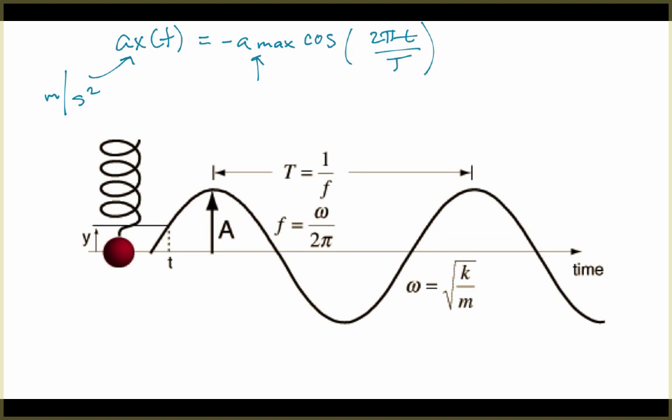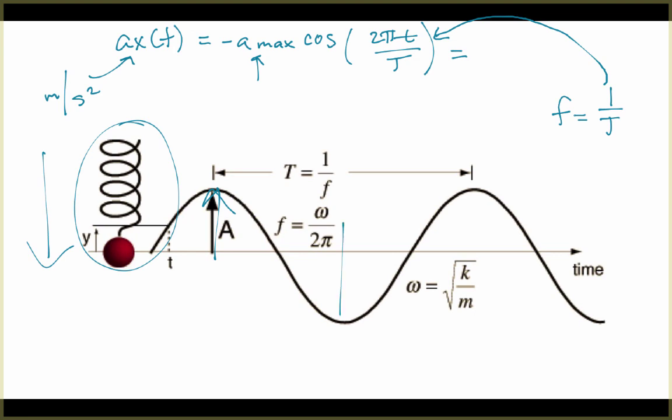And of course, as we always know, f can equal 1 over t, so you can put f in for 1 over t. All of these are just examples of how you can find different information based on these parameters, because this little guy here is just moving up and down in periodic motions that follow these sinusoidal functions.